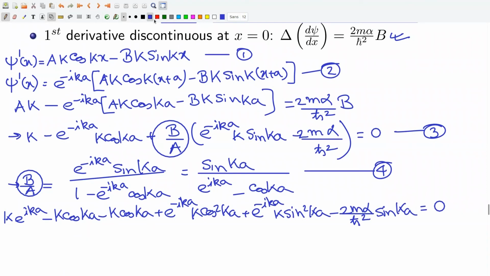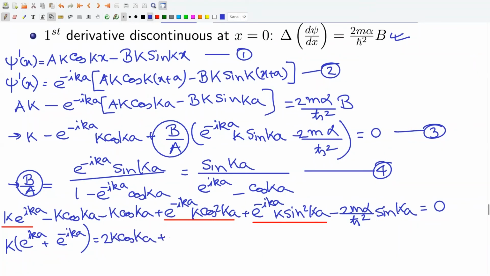Now we can combine these three terms and write k times e power i k a plus e power minus i k a, and bring the rest of the terms to the right hand side, such that it is 2k cos K a plus 2m alpha by h cross square sine K a.